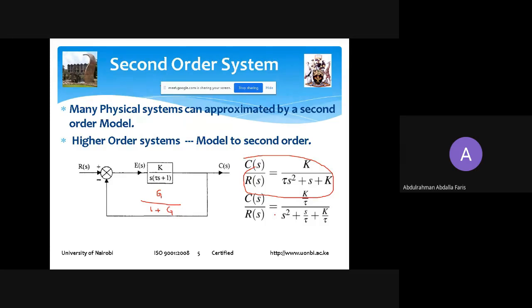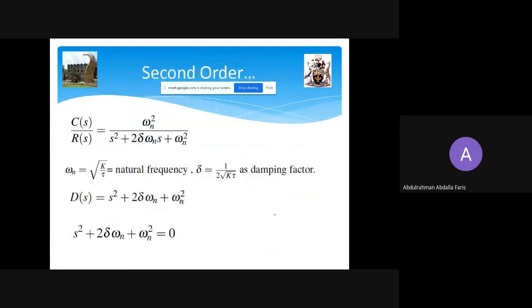And this can also be rearranged into this form. So this is the form which we'll use as a second order system, where omega n squared is K over tau, and delta is the damping factor.